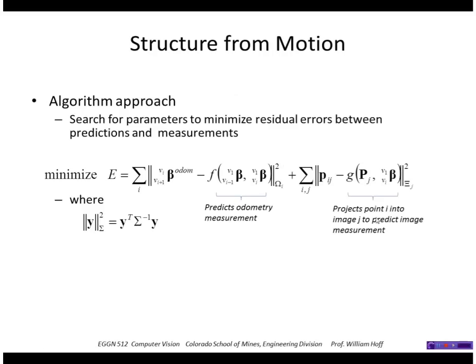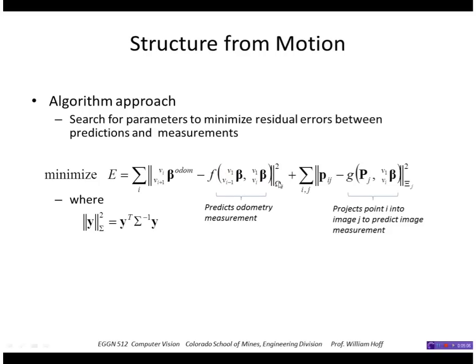This is how I set up this particular algorithm. This part minimizes the projection error between the observed image point and the predicted image point based on the current guess of the pose and the current guess of the 3D point. This term minimizes the difference between the observed odometry data and the predicted odometry data based on the poses that we think we have.